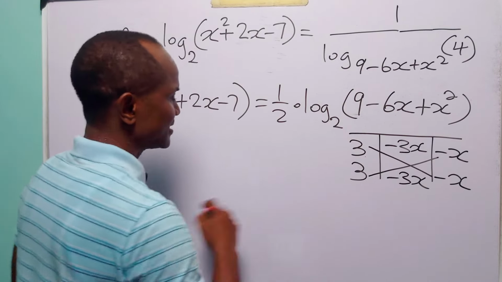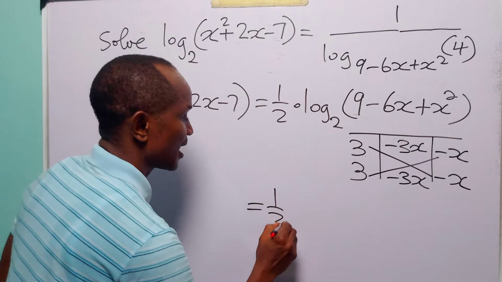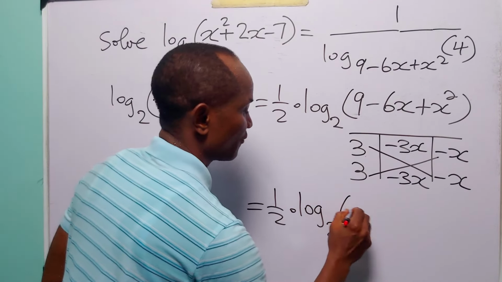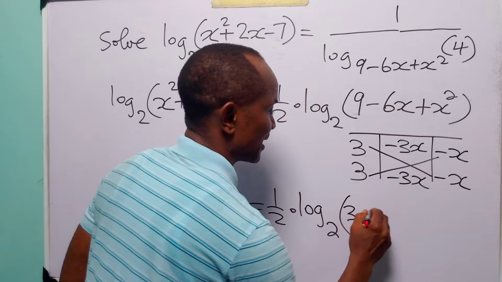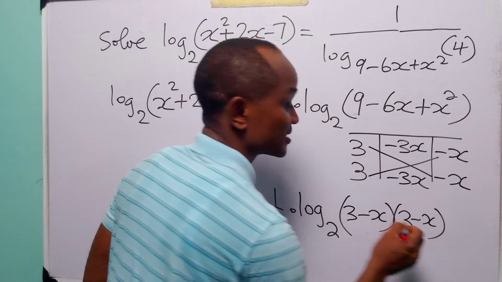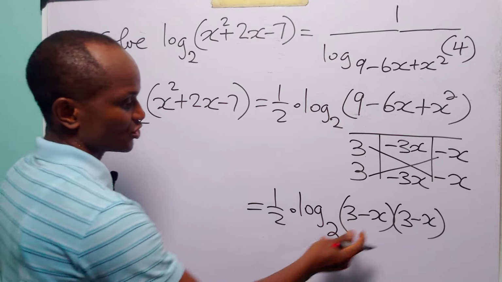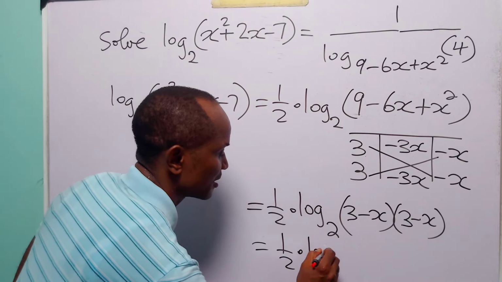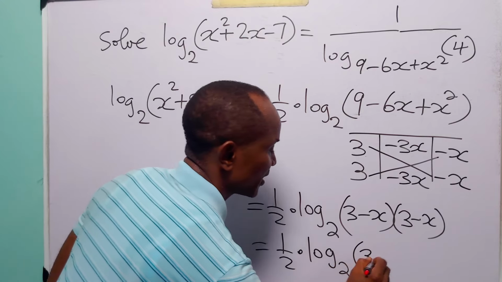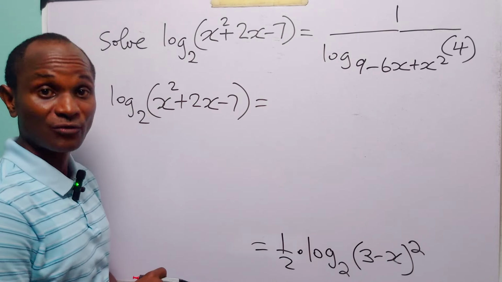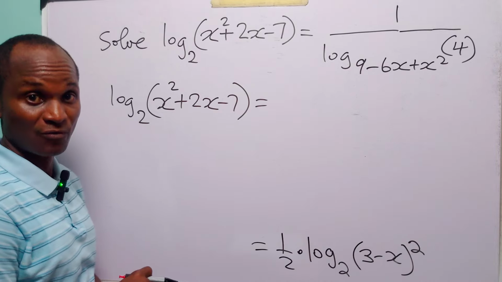So that means that this term is equal to half times log to base 2 of 3 minus x times 3 minus x. Of course, you know that this is simply equal to half times log to base 2 of 3 minus x squared. And of course, now we can apply the power rule of logarithm.